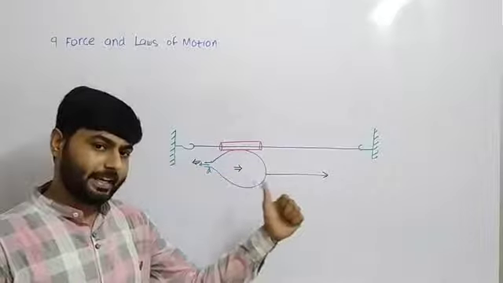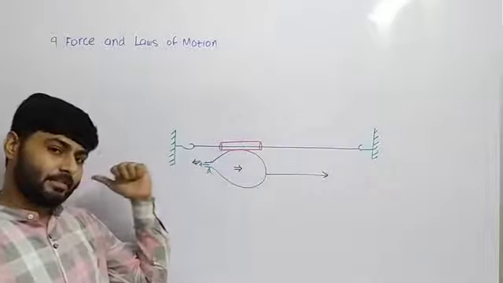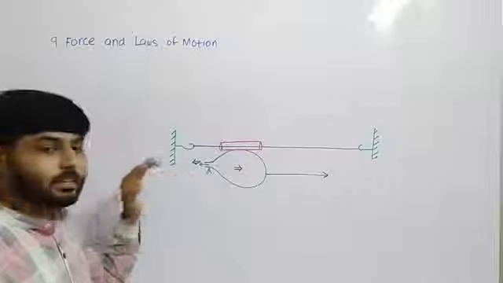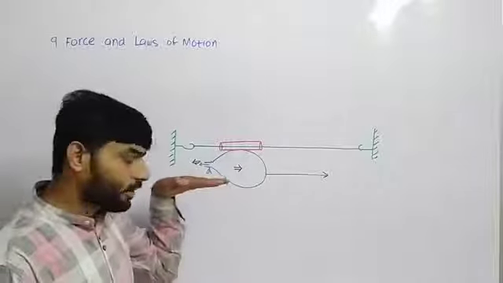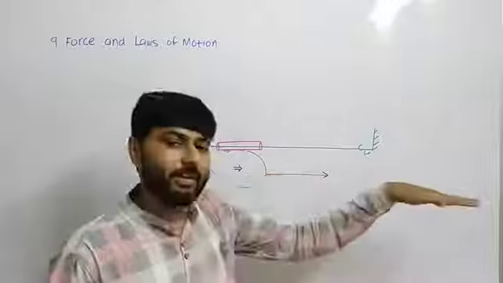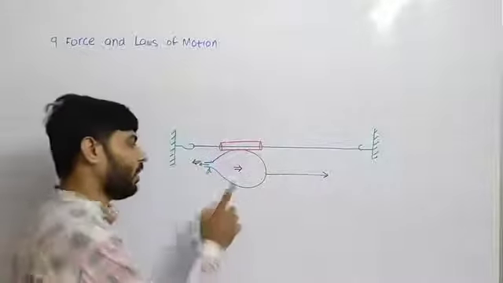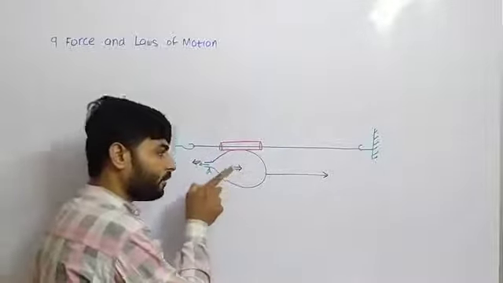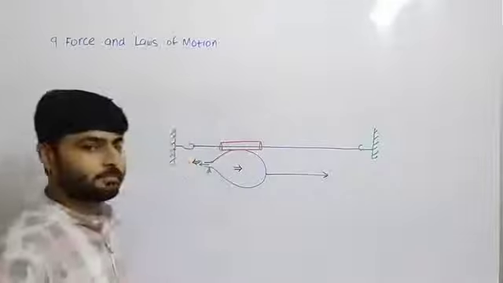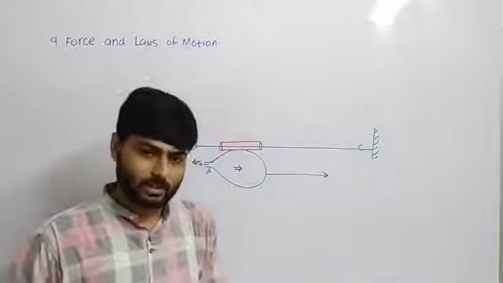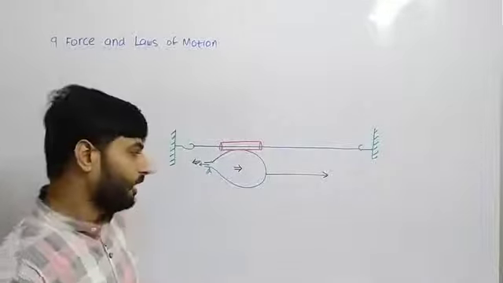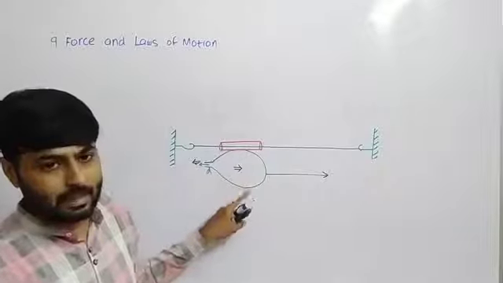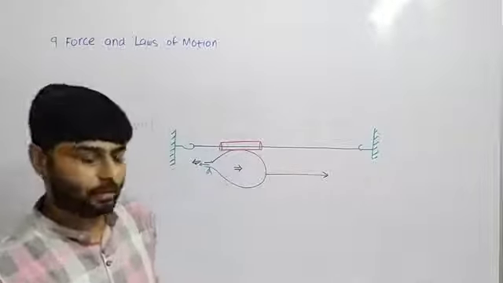So the force in the air is in this direction. So this air exerts force on the balloon which is in a different direction. So we can observe motion of the balloon in this direction. All our rockets and missiles work on the same principle, that is the third law of motion.